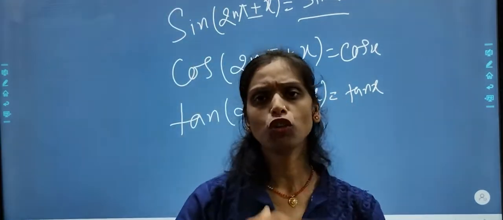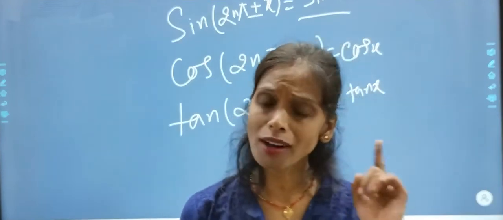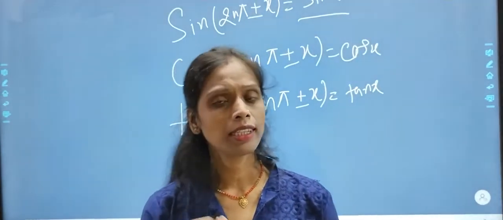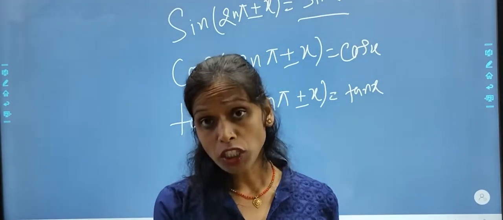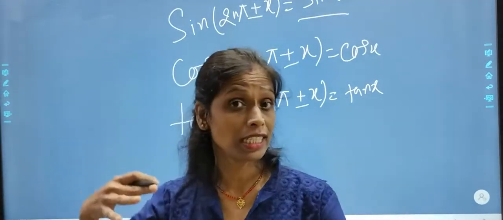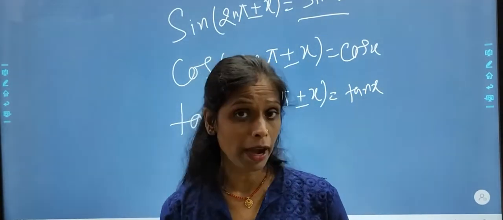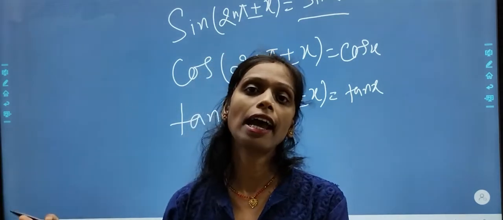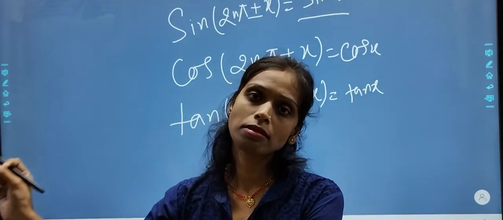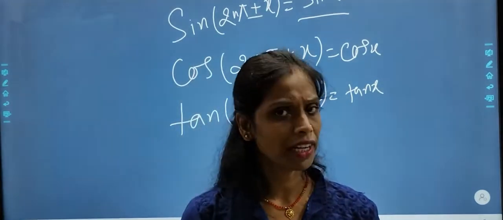In every trigonometrical ratio, sine, cos, tan, cot, sec, cosec, always keep in your mind that when a trigonometrical ratio is calculated in the term of 2n pi plus theta, then the answer will be the same ratio of theta. This formula is very important.